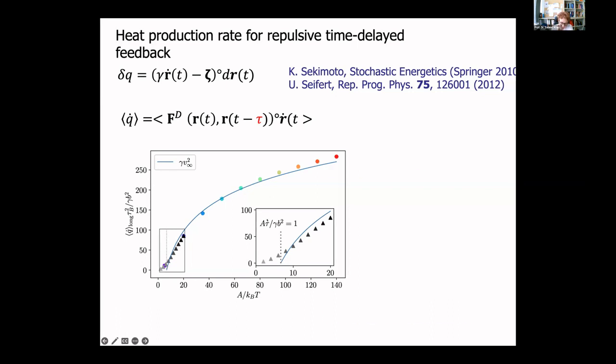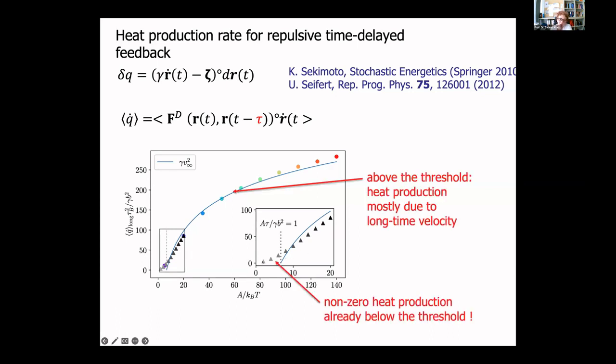What we found more intriguing is that this Q dot, this heat dissipation, is non-zero already below the threshold to persistent motion. So there's no really measurable velocity, but still we get this non-zero heat production.